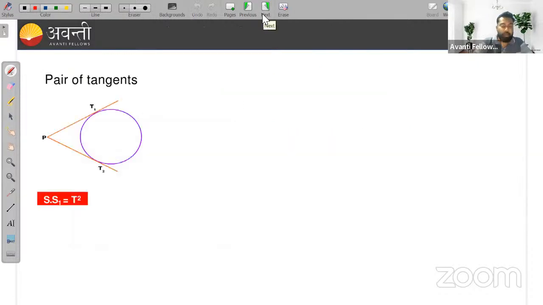Now we'll learn how to find the pair of tangents. The equation of pair of tangents is S into S1 is equal to T square. Suppose you have the equation of circle x square plus y square is equal to 4. Then what will the equation of pair of tangents be?